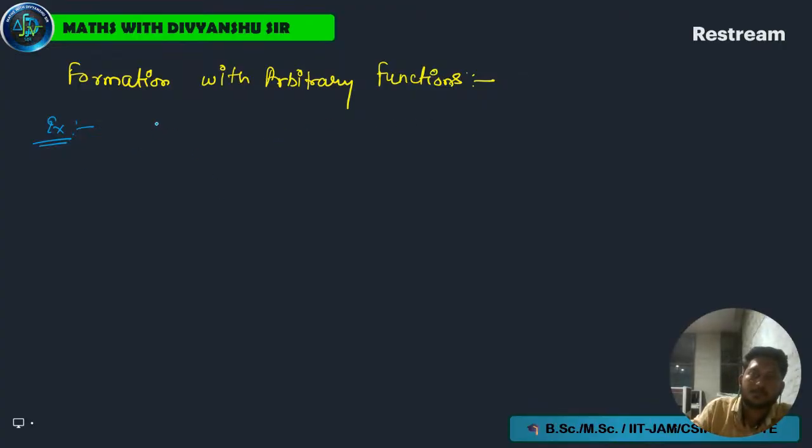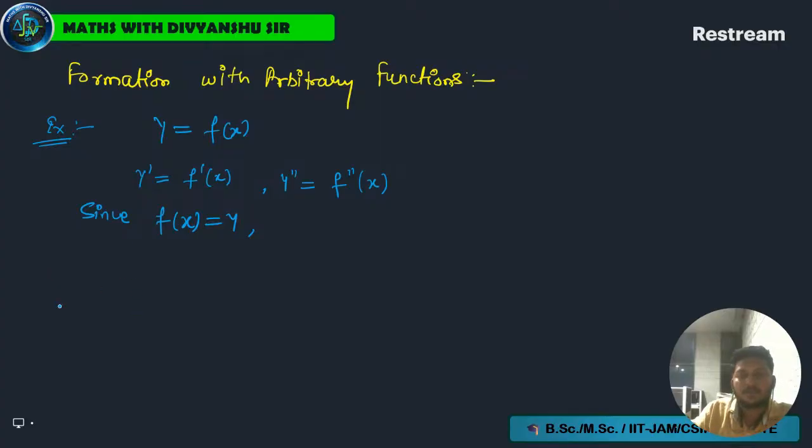So here the example is y equals f of x. Now differentiate this, so you will get y dash equal to f dash x, and the double derivative is f double dash x. Since f of x is equal to y, the differential equation can be expressed directly.